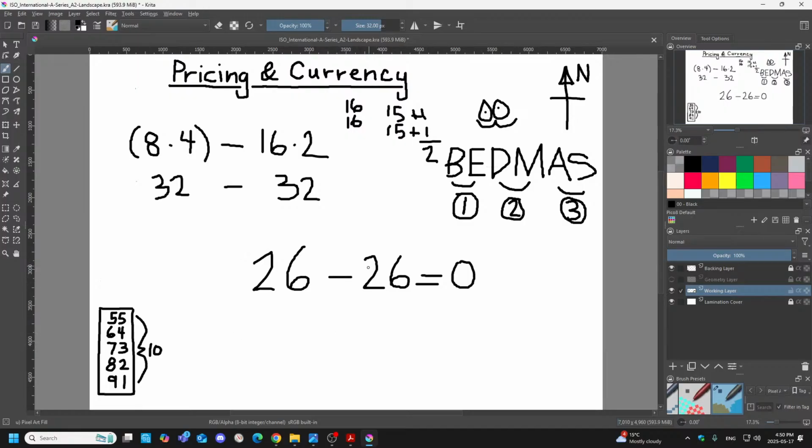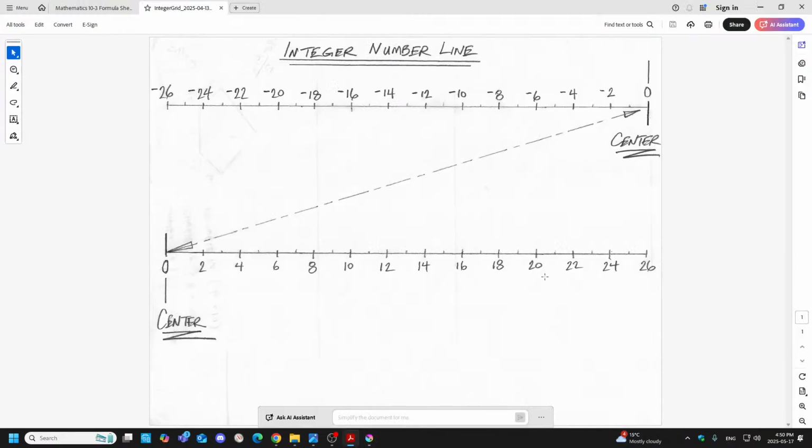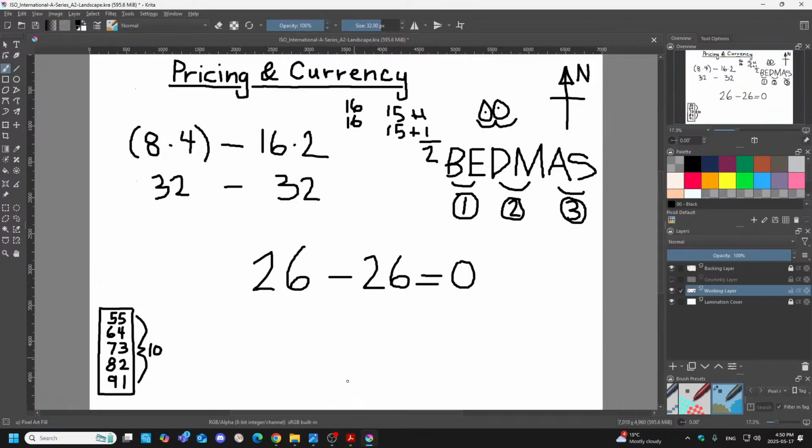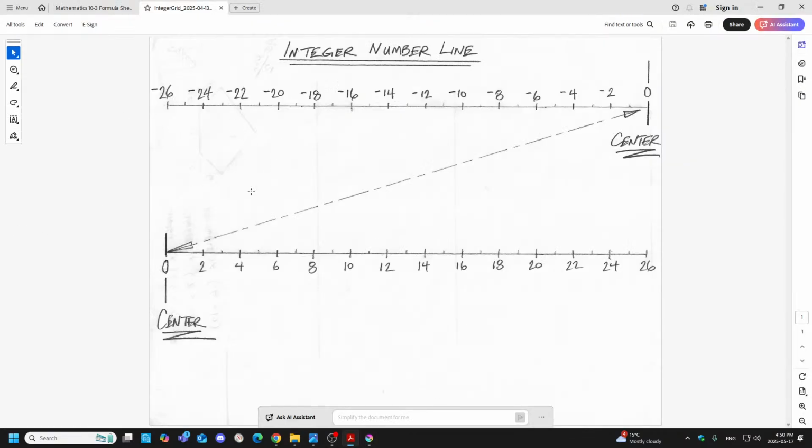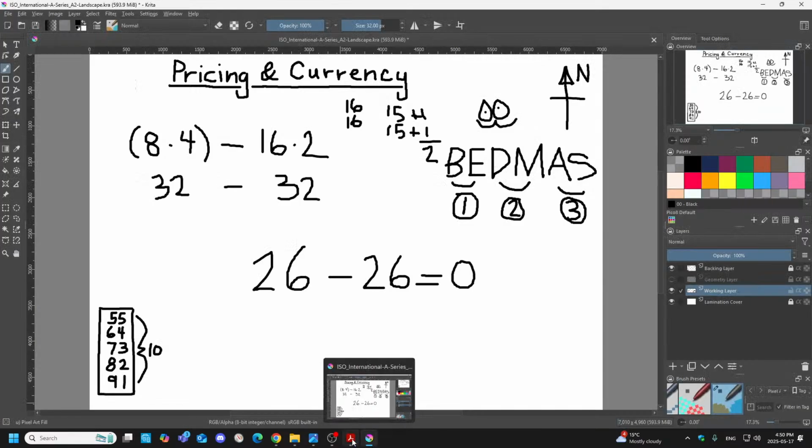This negative belongs to this, so this is actually negative 1 times 26, technically speaking. That's why the negative belongs to the 26, okay? So with that said, I'm going negative. When you're going negative, you're going to the left. Negative, you go left. Positive, you go right. So I'm going 26 minus 26. That means I'm going to be doing 26 negative jumps just to get to 0, okay? With that said, let's continue.